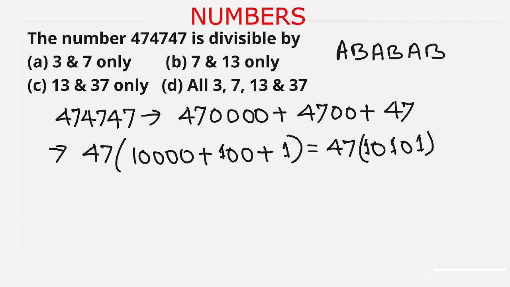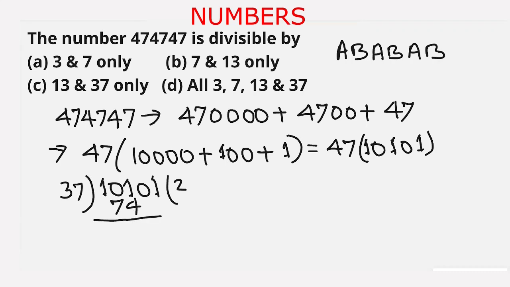For divisibility by 37, we just divide it by 37. 37 times 2 is 74. On subtracting 74 from 101, we get 27. We carry 0. 37 times 7 is 259.